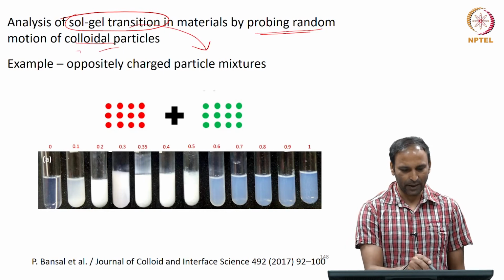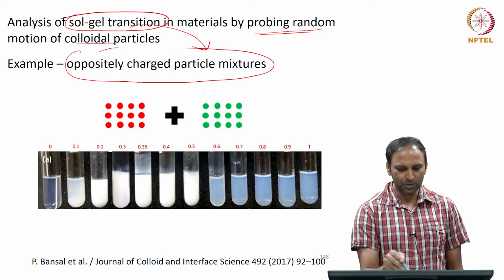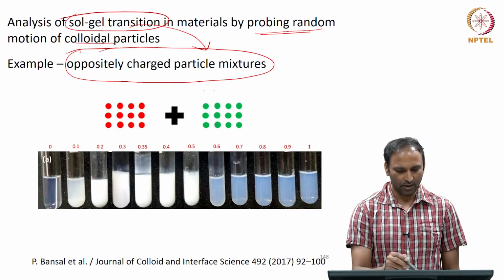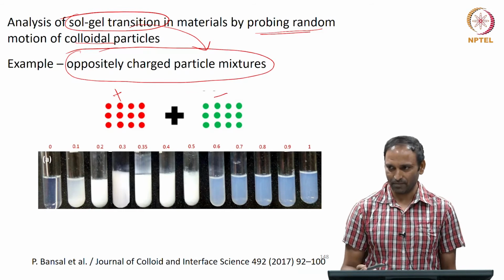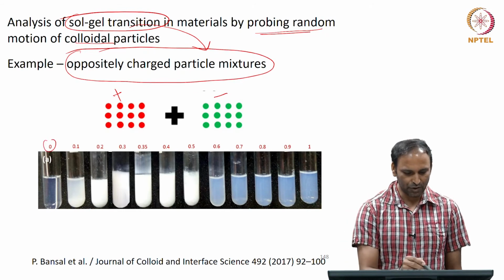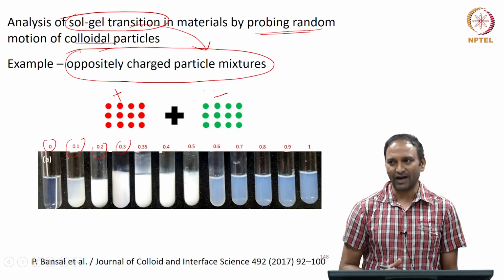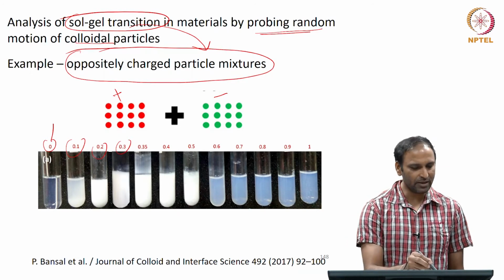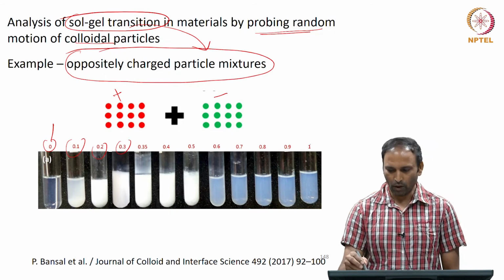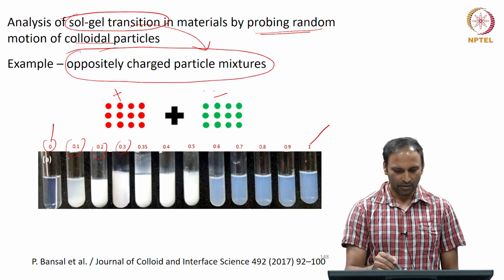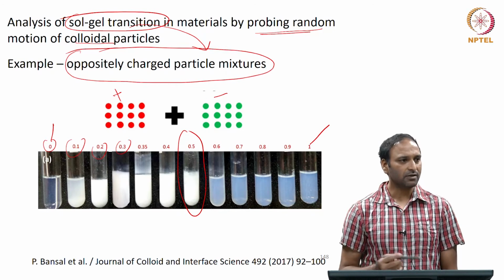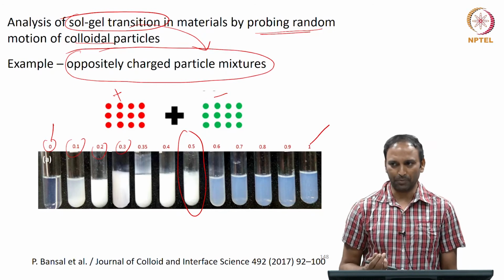This is an example where you have oppositely charged particle mixtures. You could think about this as positively charged and negatively charged particles, and you mix them. The number that you see here tells you the mixing fraction. So 0 means it is completely one type of particle, 1 means it is completely the other type of particle, and 0.5 means both of them are in equal proportion.